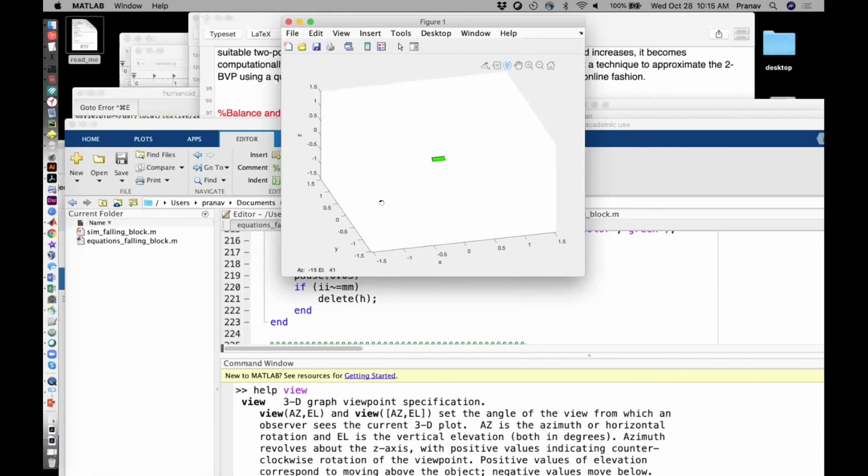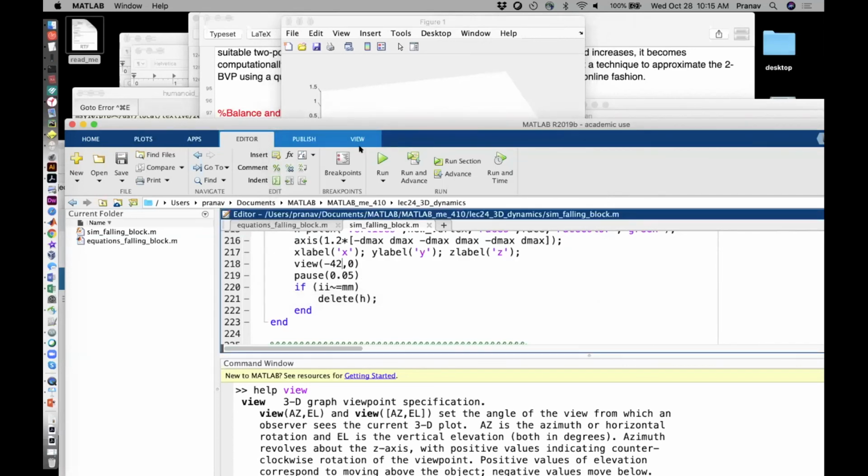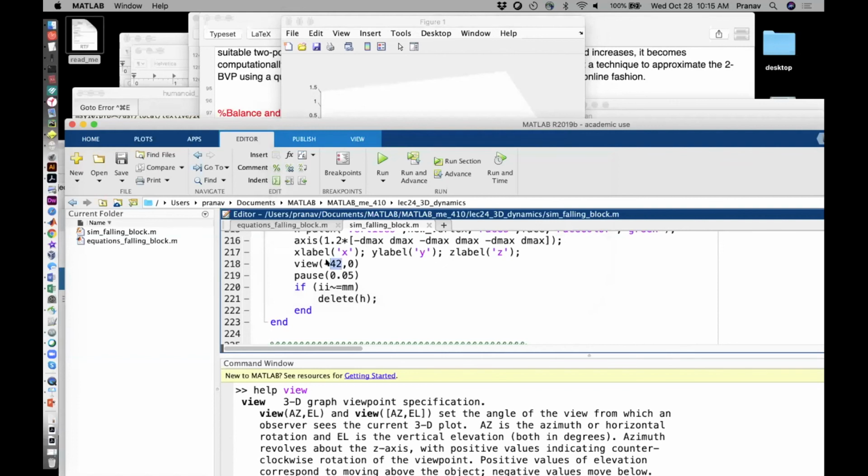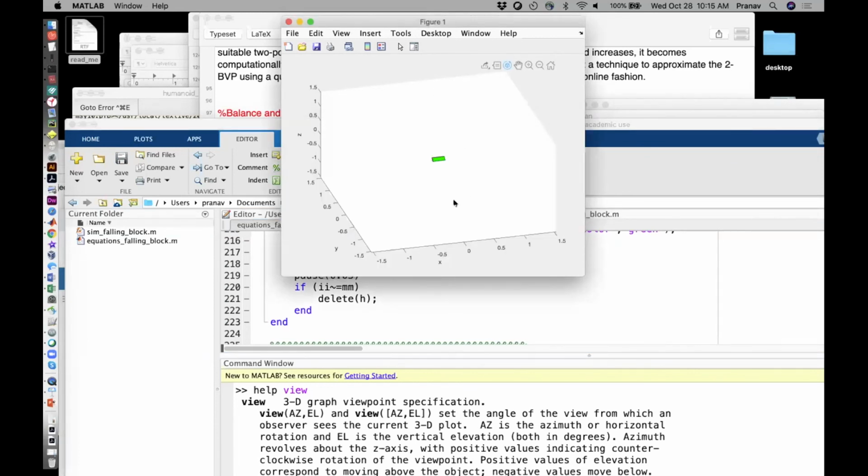But you can see in the bottom left corner, azimuth is minus 15 and elevation is 41. So if you like this view, I would note that azimuth and elevation and then just put it here. So it's minus 15 and 42, and that's in degrees. So if you now run this code, it'll actually do the animation in this view.